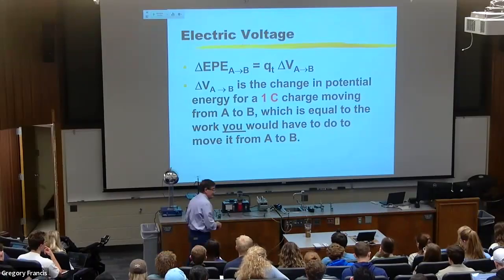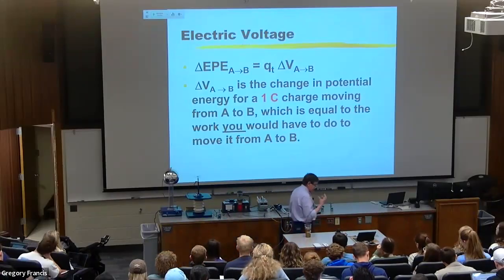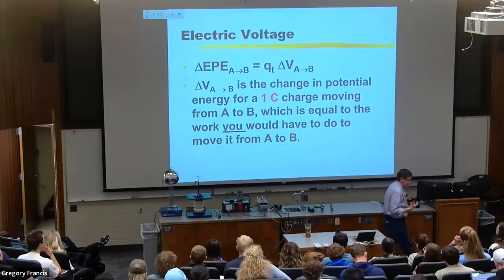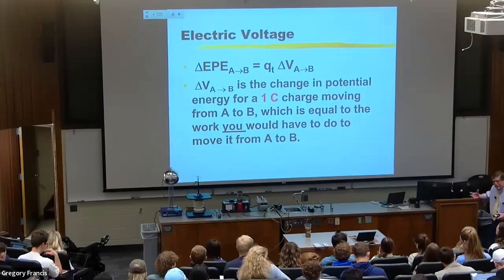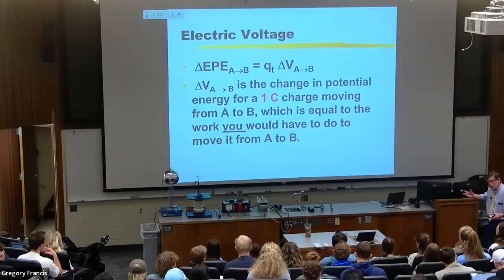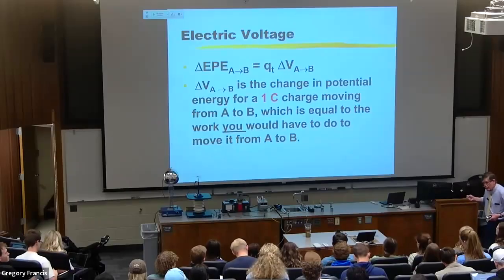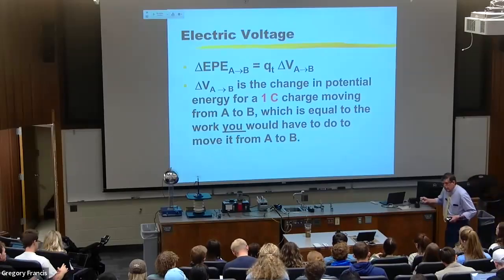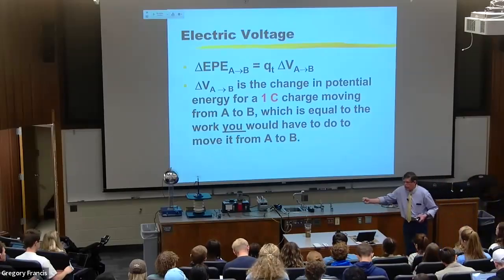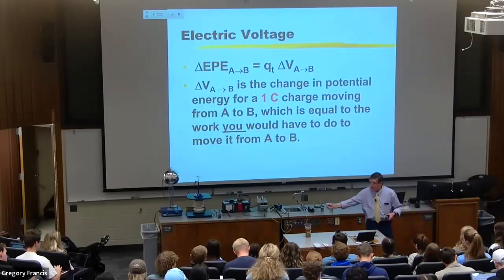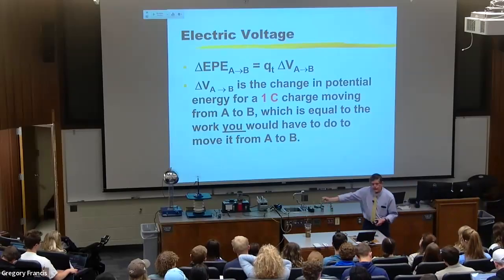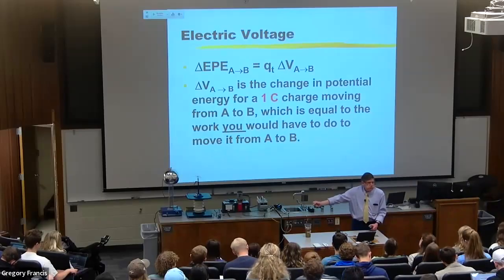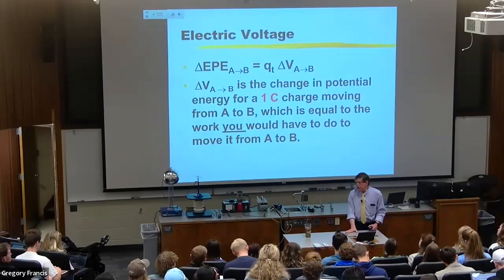Now, the second way to think of it that is more intuitive, something I can actually wrap my brain around, is if I take that 1 coulomb and I start from rest and I push slowly to point B and stop, because I started from rest and I ended at rest, I didn't put any energy into the kinetic energy bucket.